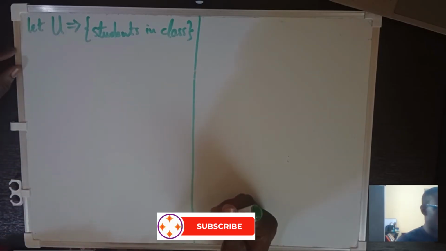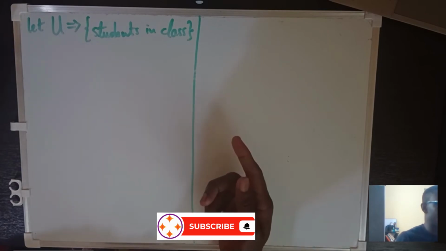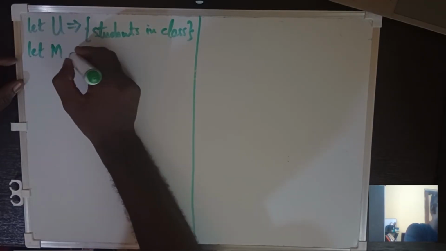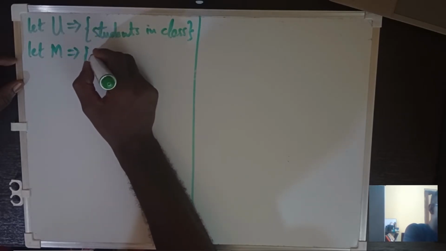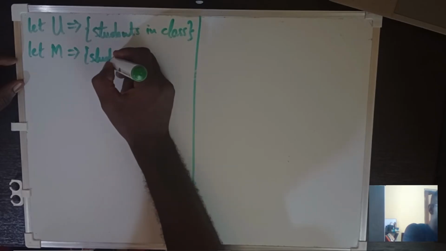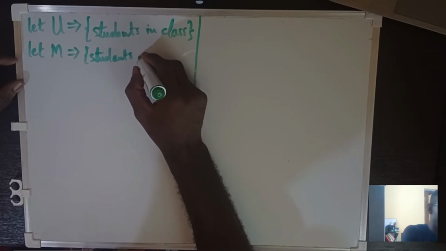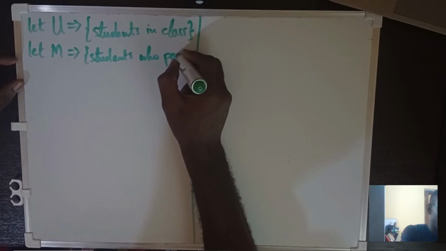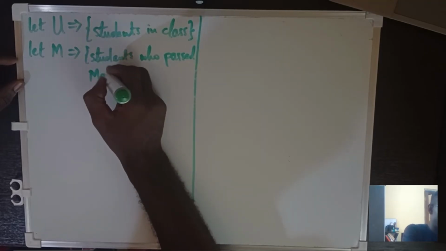Since the first letter for mathematics is M, we can let M represent students who passed in mathematics.